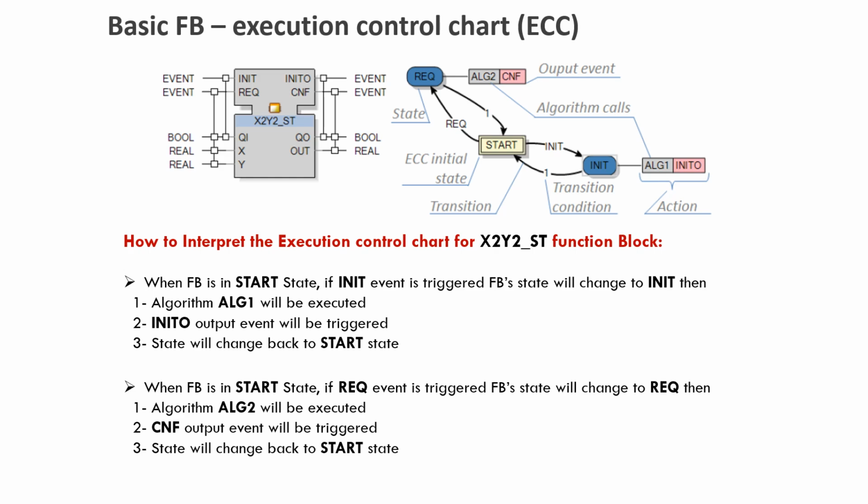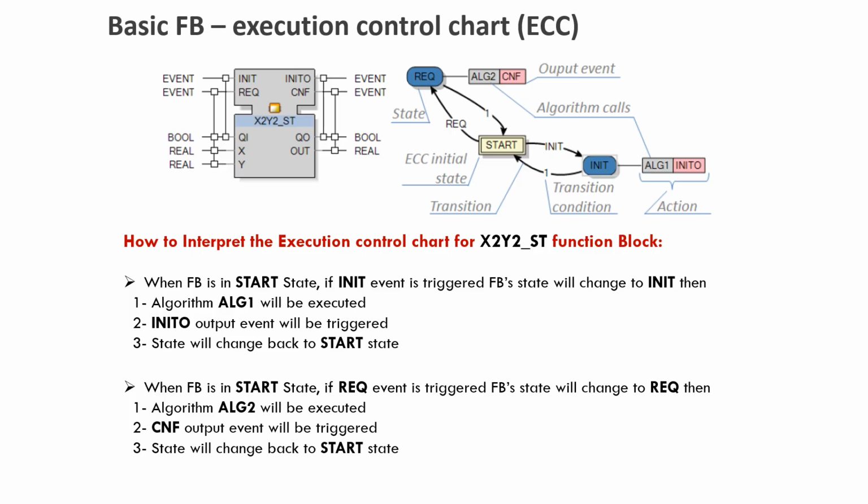So let's now see how execution control chart works in detail. When function block is in the start state, if init event is triggered, then the function block will jump into the init state.